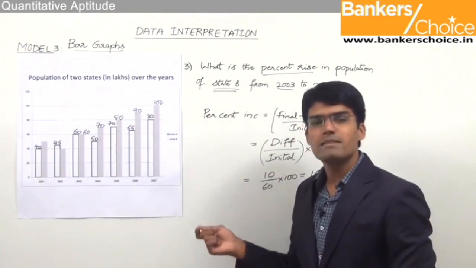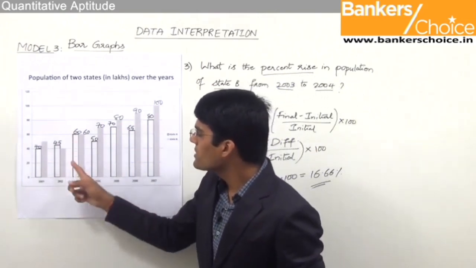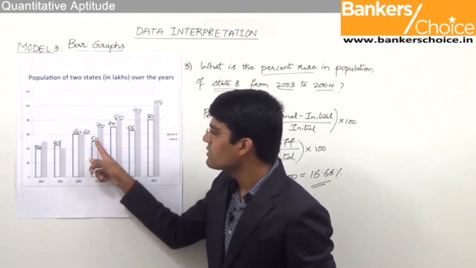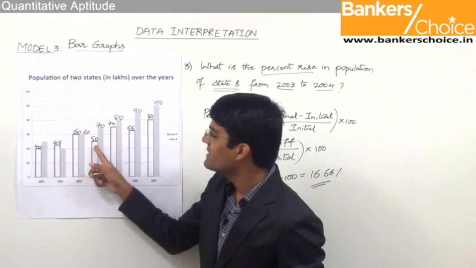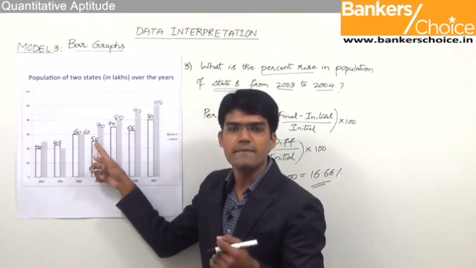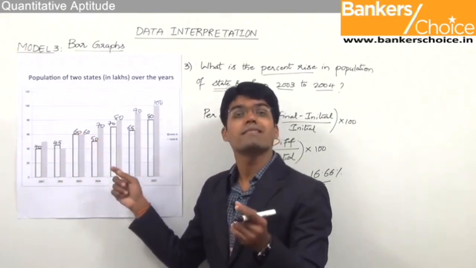Or whenever there is a decrease, we can take that as a decrease in the population. For example, population of state A in 2003 is 60 lakhs and population of state A in 2004 becomes 50 lakhs. It is decreasing. As you can see, the bar here decreases. Decreases by how much? 10 lakhs. So that is the difference. Now the percentage decrease. The actual decrease is 10 lakhs. But what is the percentage decrease?